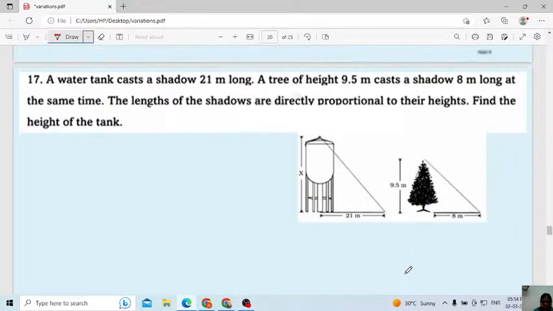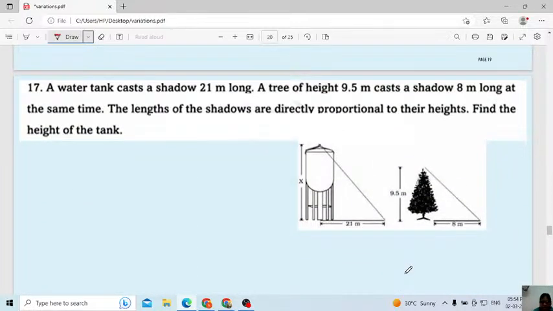Solve. Problem is looking big, but answer is very, very small. A water tank casts a shadow of 21 meter. This water tank will form a shadow of 21 meter. A tree of height 9.5 meter, that also will form a shadow, that is 8 meter.